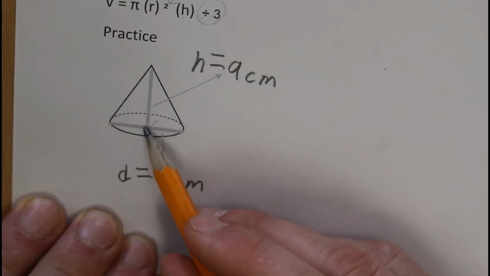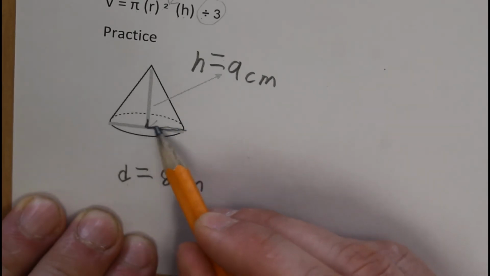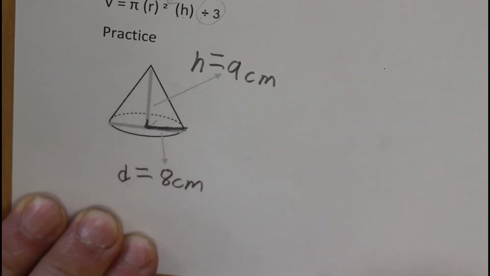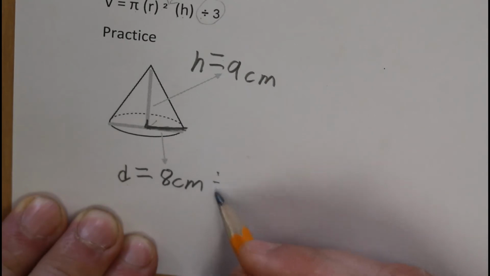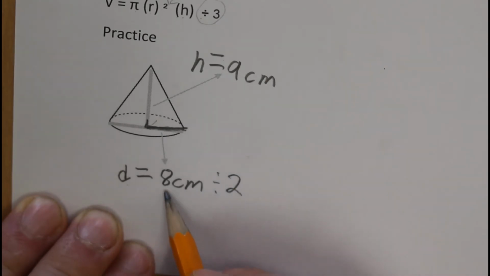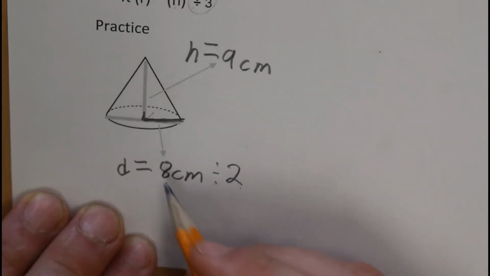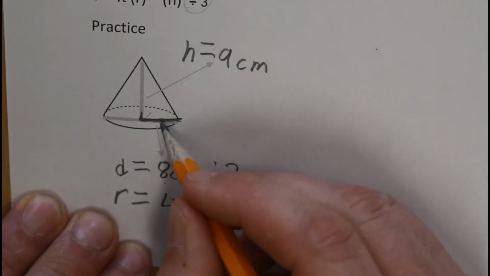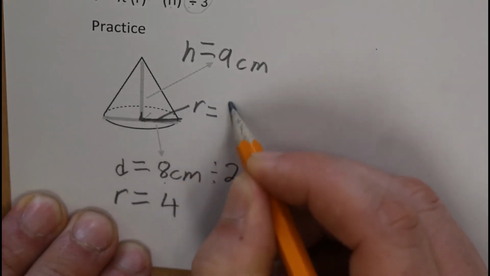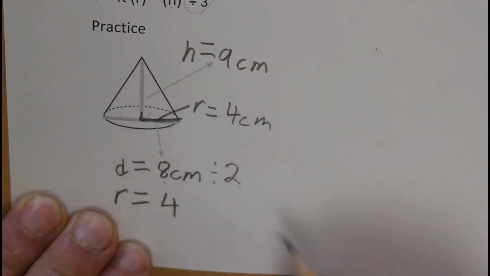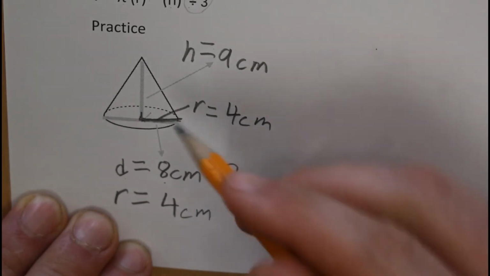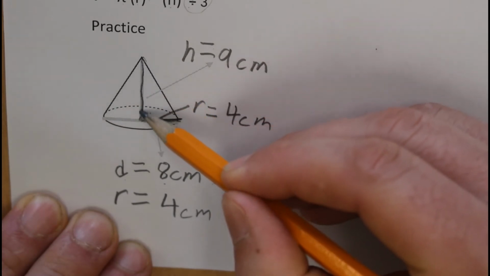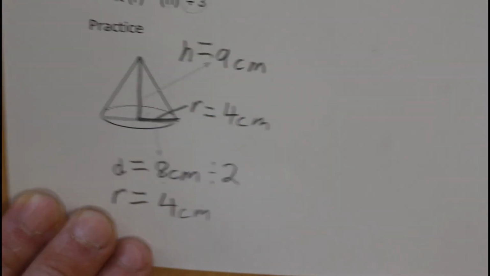Remember, the radius is halfway across. So 8 divided by 2, and we get 4. The radius equals 4 centimeters. Height is 9 centimeters. Radius is 4 centimeters.